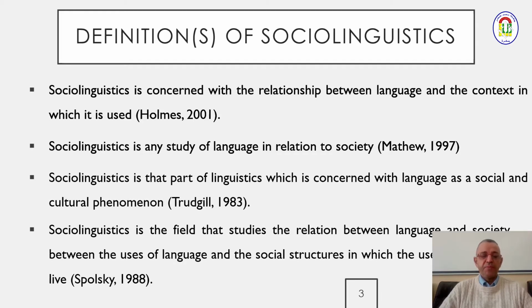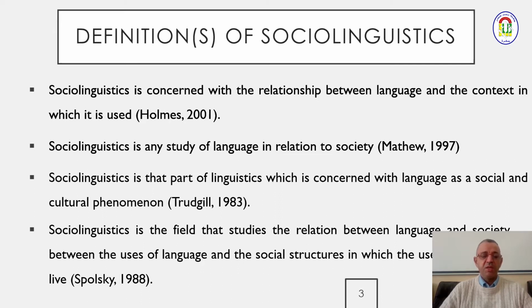For the first definition, given by Holmes 2001, social linguistics is concerned with the relationship between language and the context in which it is used. For Matthews 1997, sociolinguistics is any study of language in relation to society.